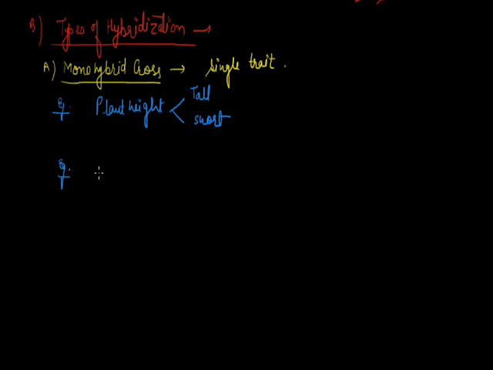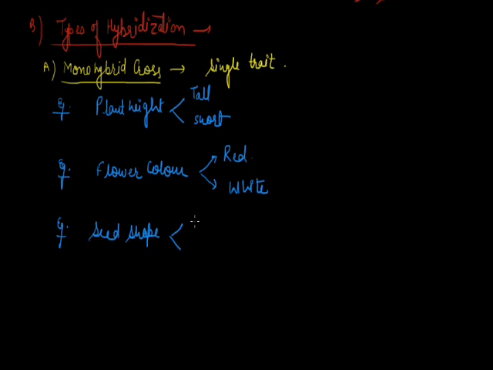Plant color. Either the flowers are colored or colorless. You can take red as colored and white as colorless. Another feature could be seed shape, whether they are round or wrinkled.